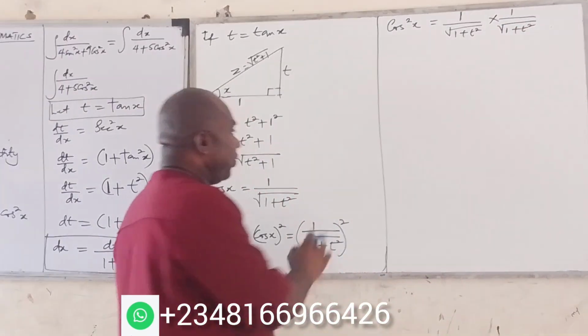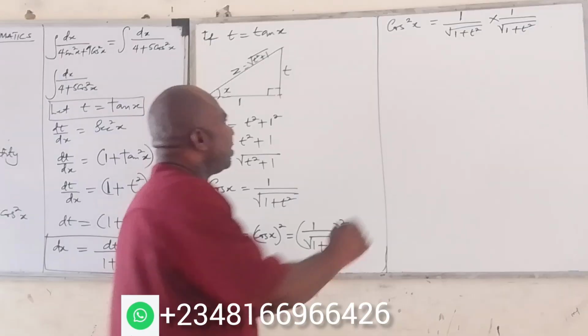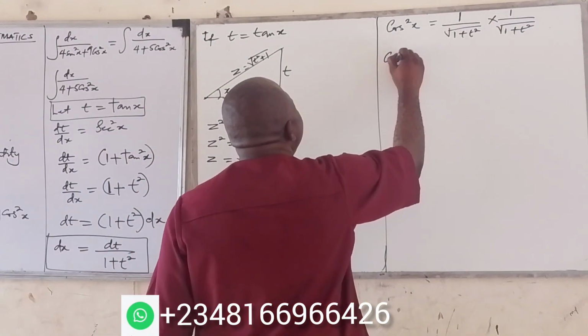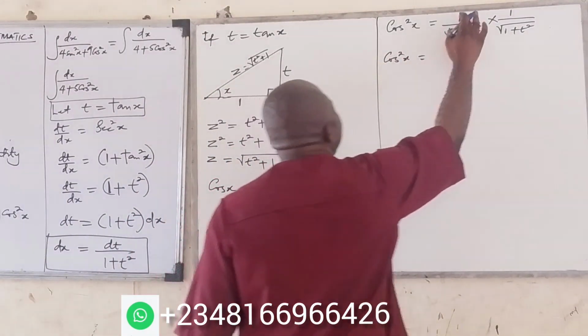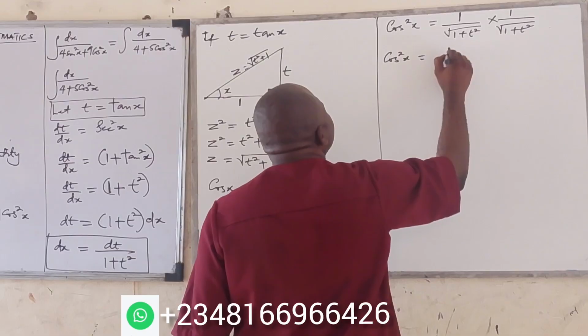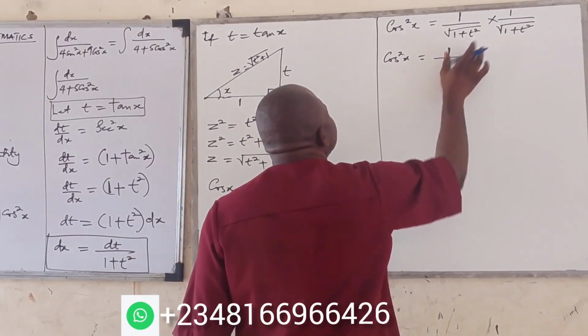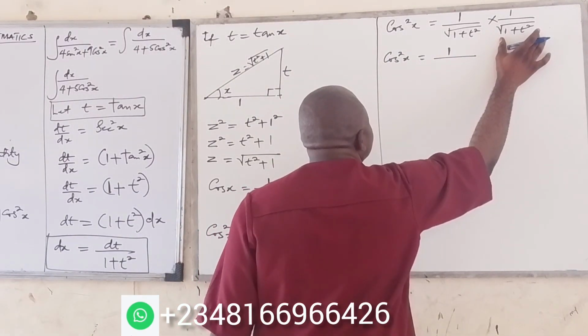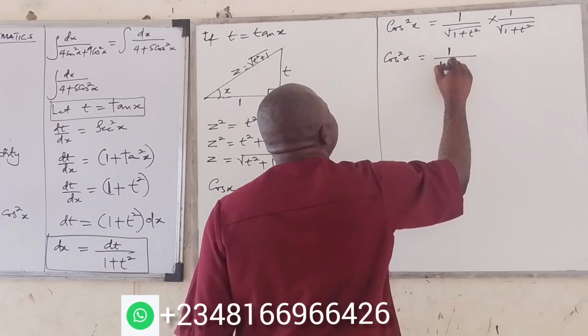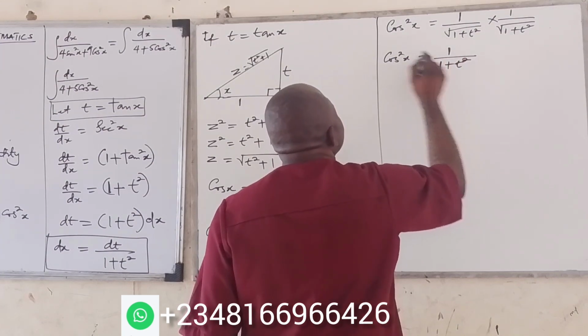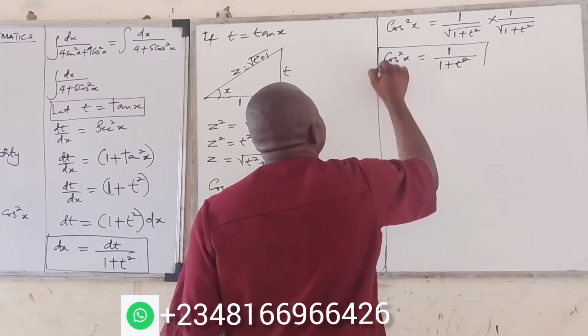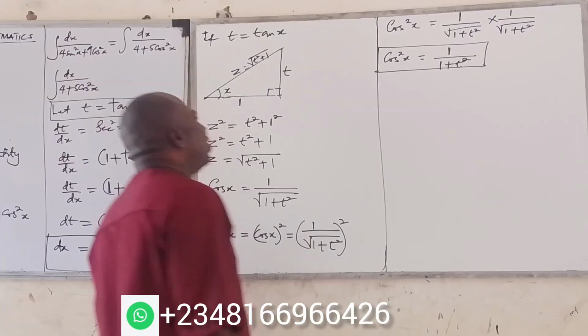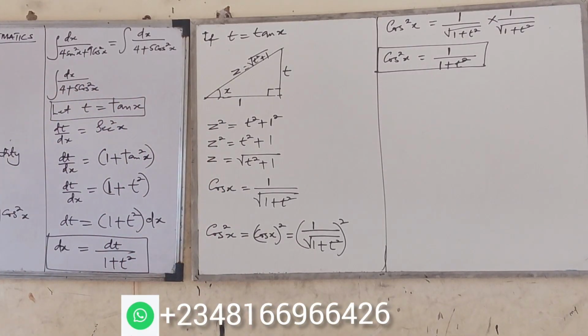So 1 times 1 is 1, divided by the square root of this times the square root of itself, which gives us 1 plus t squared. Now let's take note of this: cos square x is 1 all over 1 plus t squared.